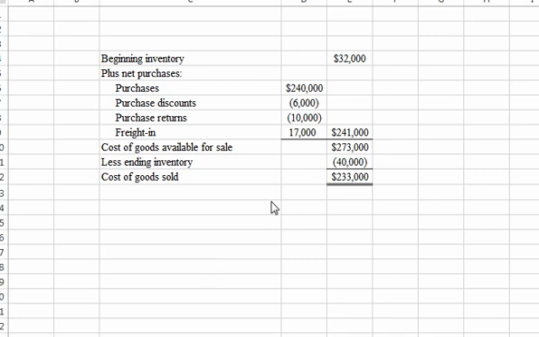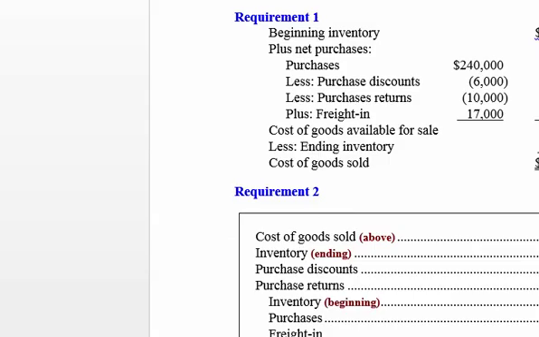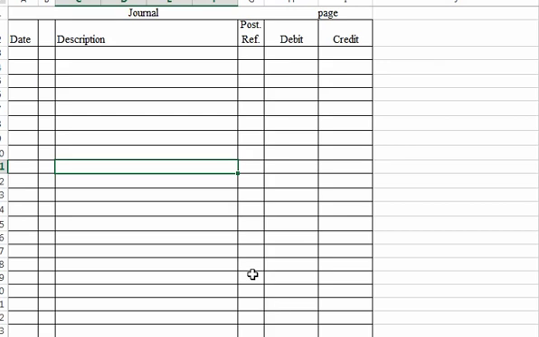Now, some of you might recall that formula from back in financial accounting, but now we're going to look at the journal entry that gets us cost of goods sold on the books, which is a little bit tricky. So let's go over to our journal page. Okay, the entry is really not that bad.